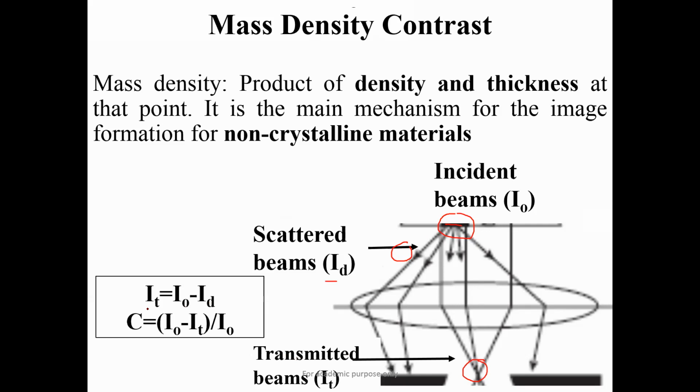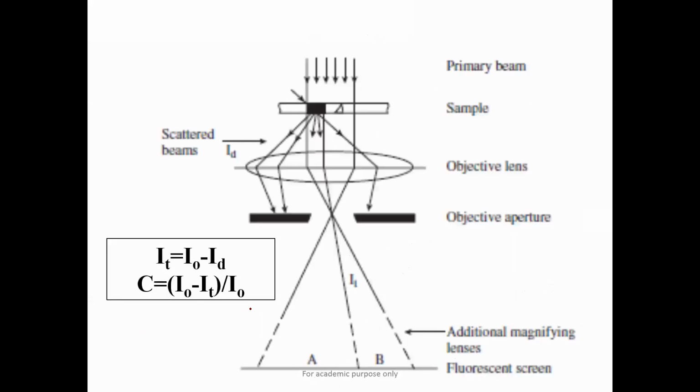So your machine does a calculation, that is C is equal to (I0 minus IT) by I0. I0 is the number of electrons incident on the sample, ID is the number of scattered electrons, and IT is the number of transmitted electrons. This is how contrast is generated in the amorphous sample.